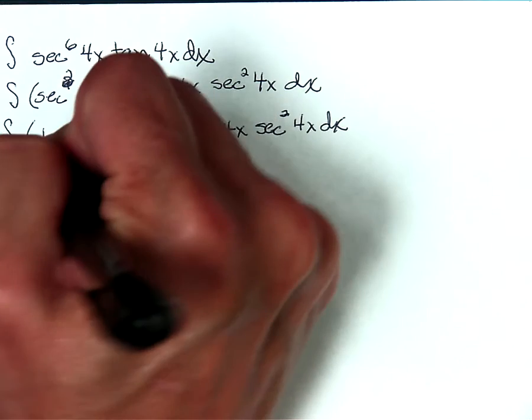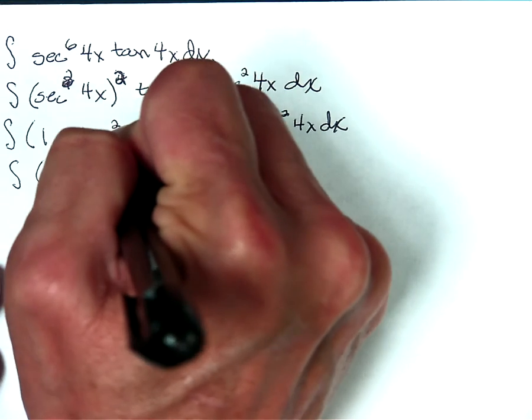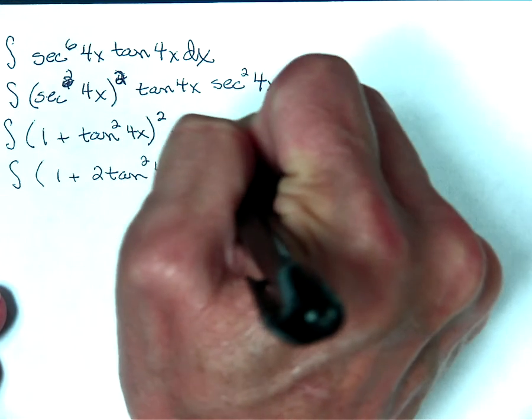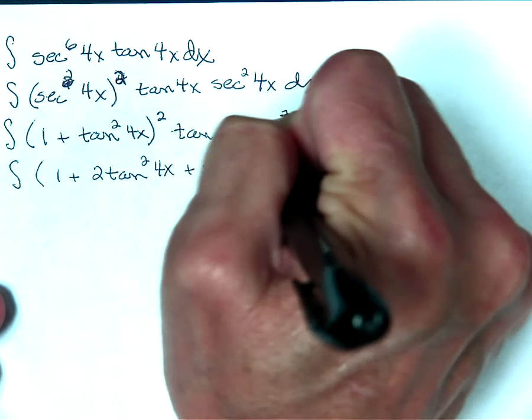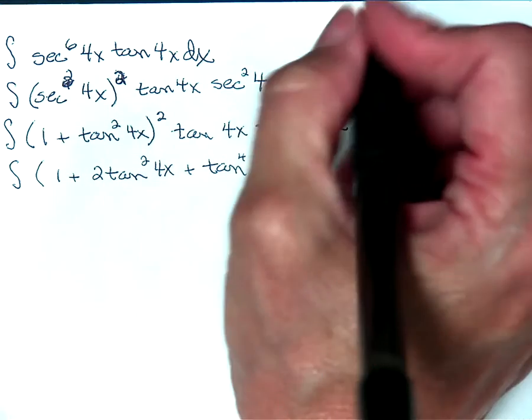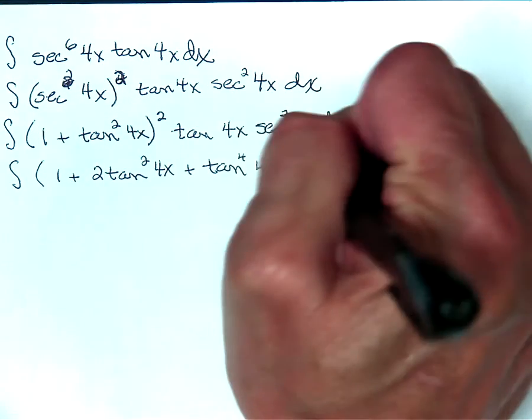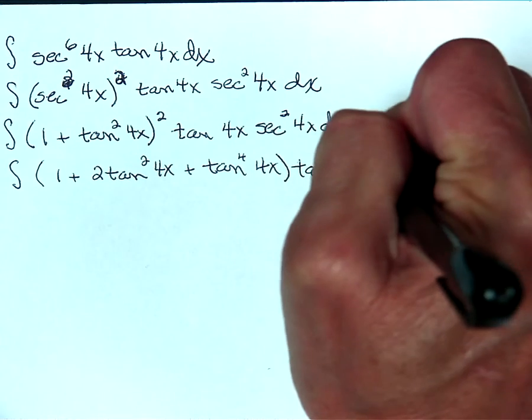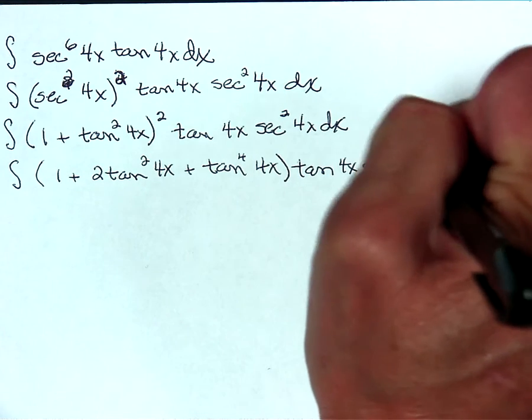Multiplied that out and got 1 plus 2 tangent squared 4x plus tangent to the fourth 4x. Even if we can get this to work, I can tell you it's a lot harder than the other way. And then tangent 4x secant squared 4x dx.